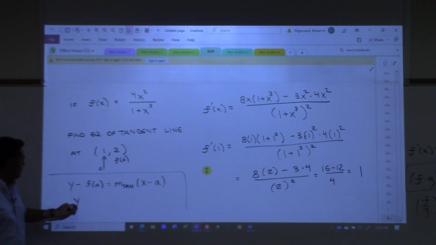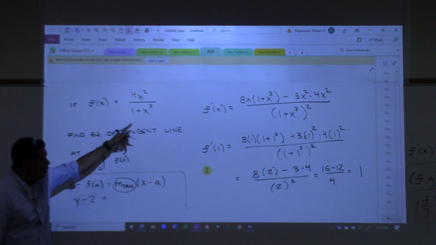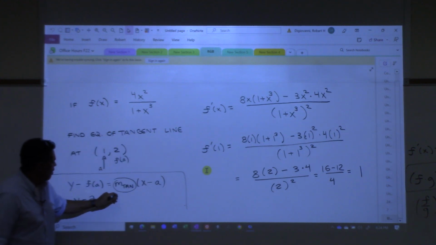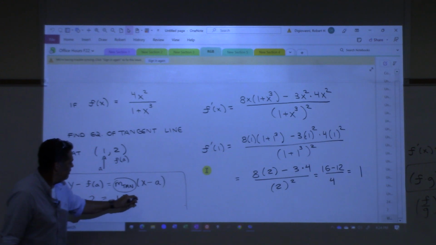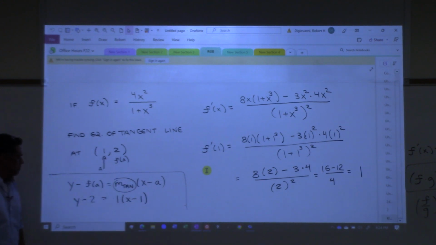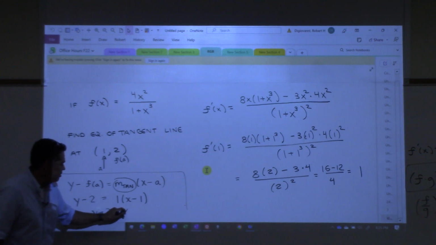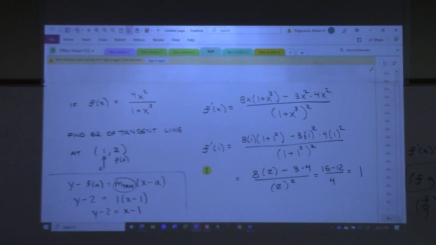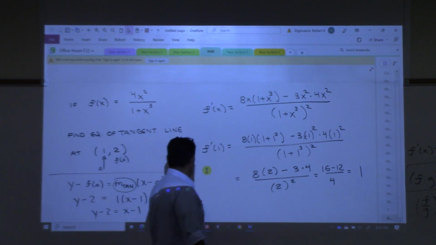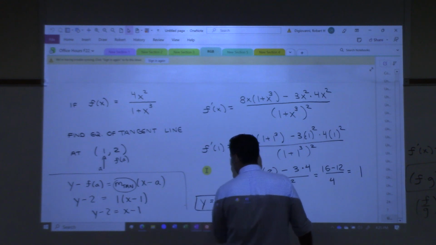So this should be y minus 2 equals the slope of the tangent line at that point, which we found to be 1, times x minus 1. And that's good, but you could go a little bit further. Distribute the 1 through, which just gives you x minus 1. And now add 2 to both sides. So y is x plus 1.